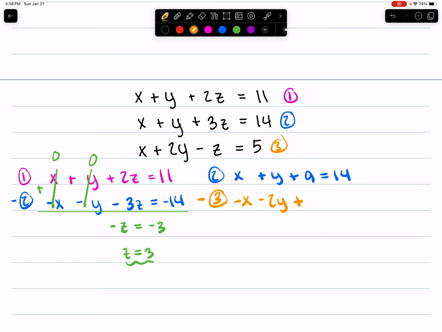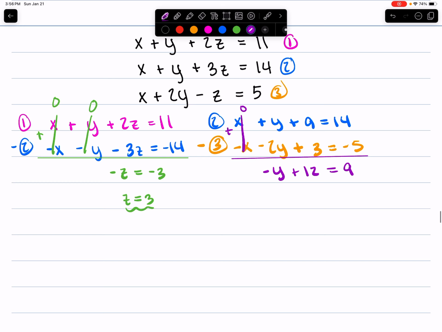And what is z? z is 3, equals negative 5. And then just like before, we are going to add those together. Our x's cancel each other out. y minus 2y is a negative y. 9 plus 3 is 12. And then 14 minus 5 is a 9.